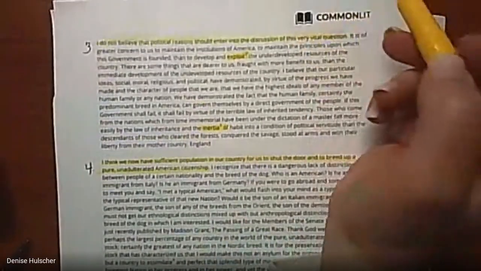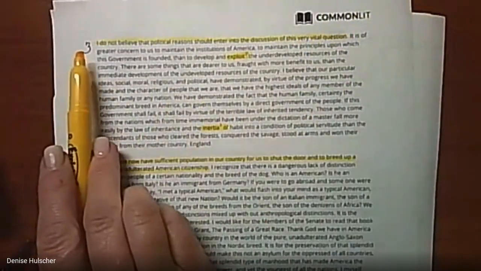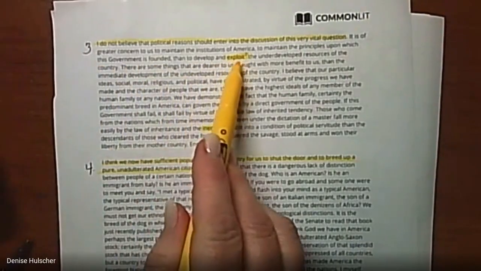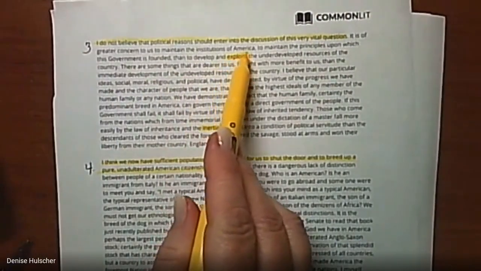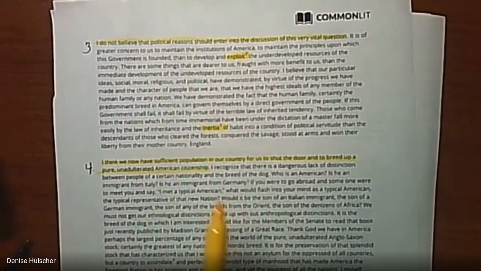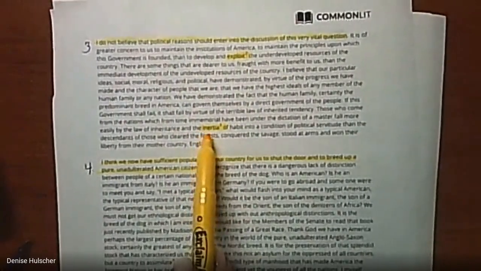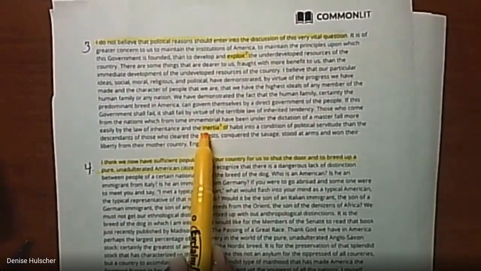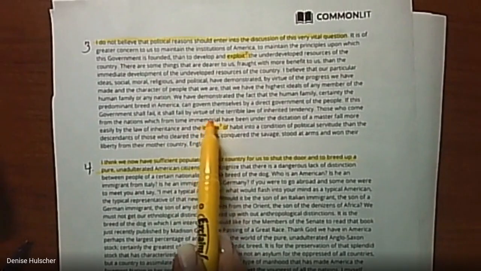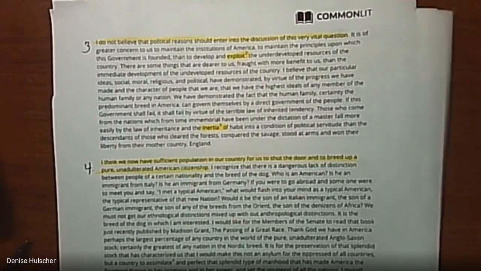I found one right here and then exploit right up here at the top. So paragraph 3, line 3 in the middle is exploit. And you'll see that it's got that little number 2. Okay, inertia right there with the third line up, paragraph 3.